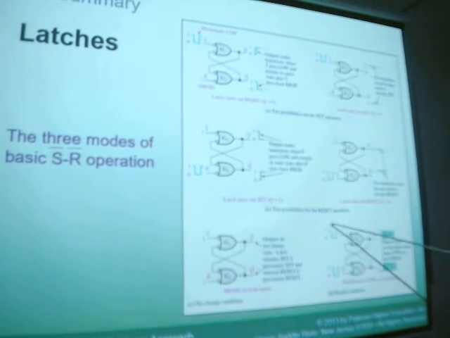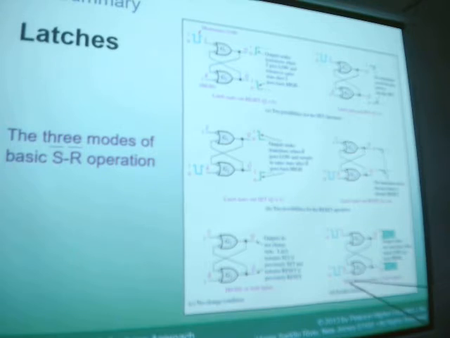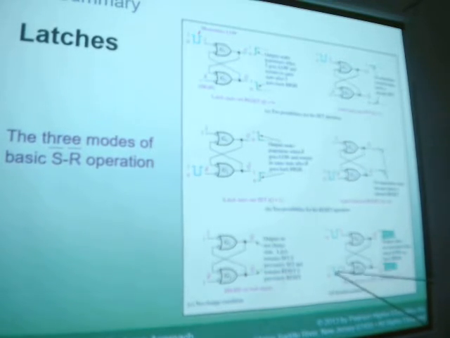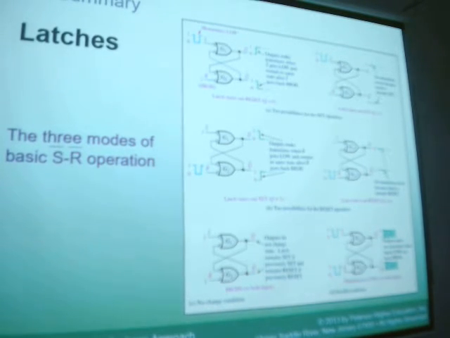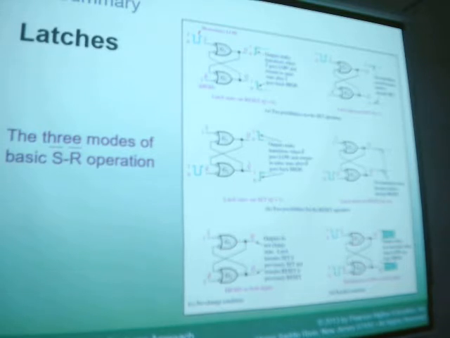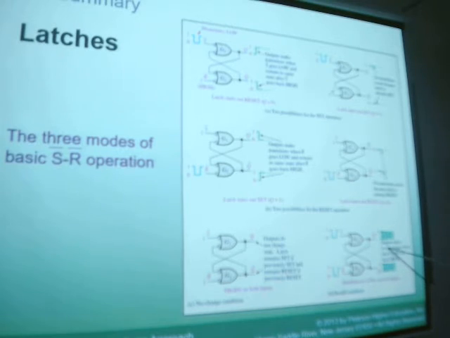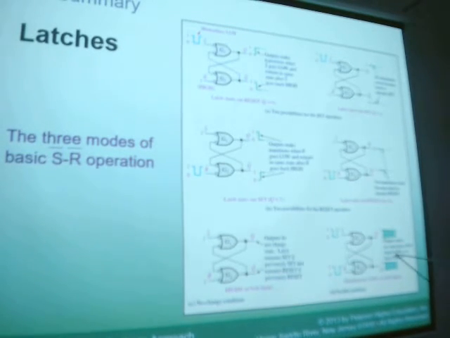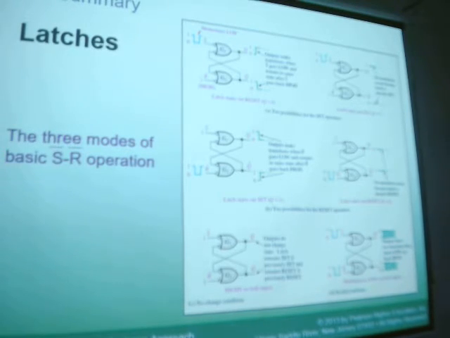If S bar goes from 1 to 0 and R bar goes from 1 to 0, the stimulus loads on both inputs. Then the output states are uncertain when input loads go back high. Take a note of that.